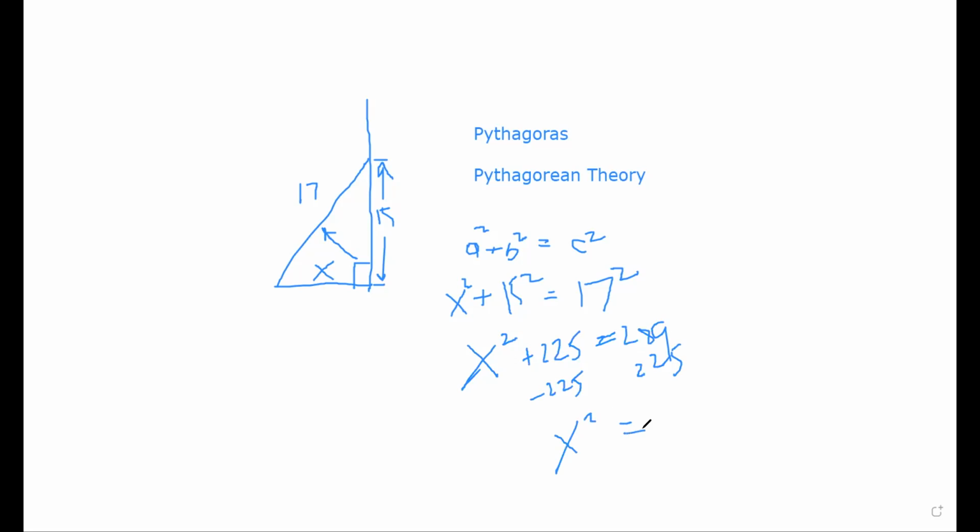X squared equals 64. X equals 8. So the base of the ladder is 8 feet away from the wall. How did I get that? Last step, like we were talking before, square root the square, cancels it out.